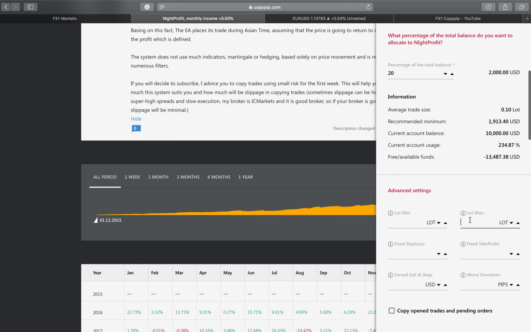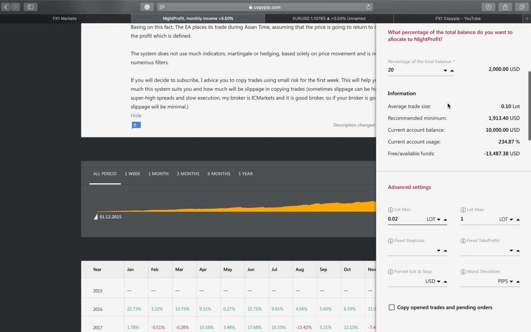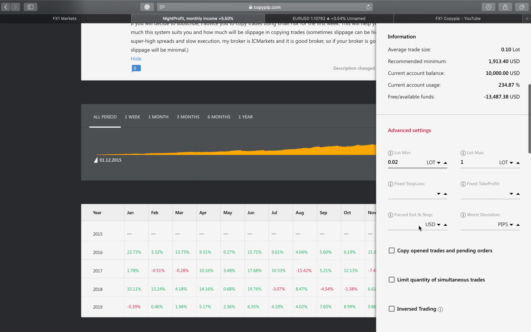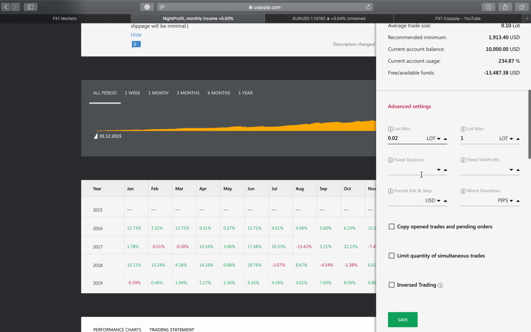I put my numbers here in case the trader wants to go huge with huge leverage. I'm just going to go with 1 lot, and here I want to go a little bit over his normal trading size. Maybe he wants to open, let's say, 0.01, but I just want to open 0.02 because the recommended minimum was low.